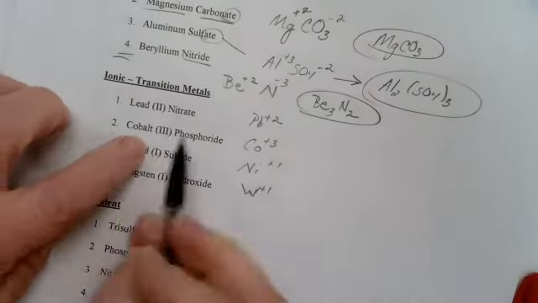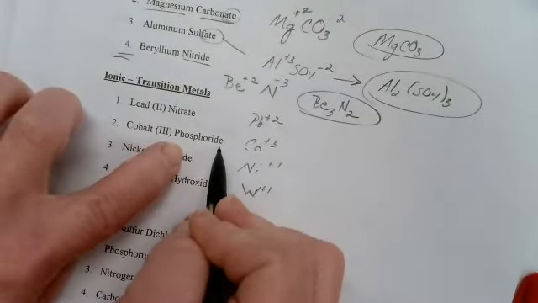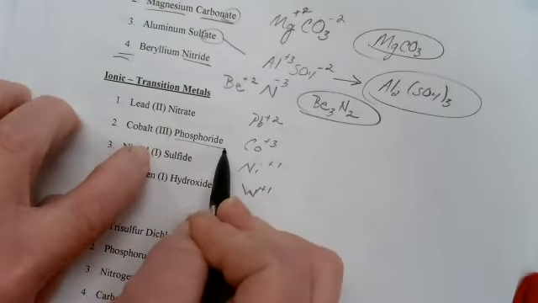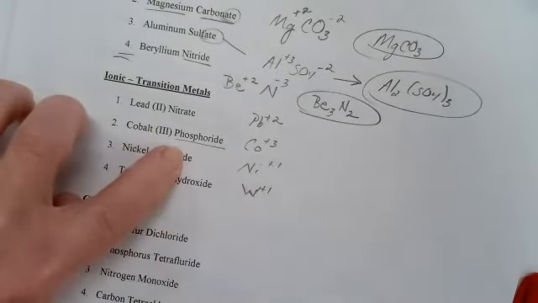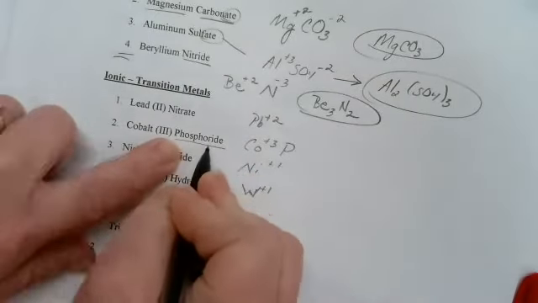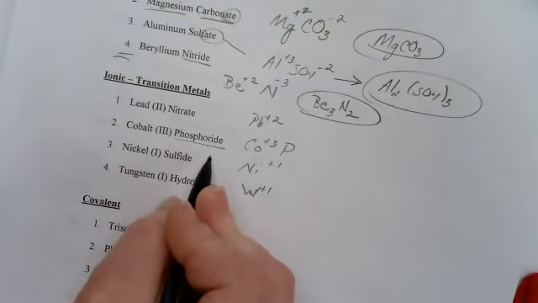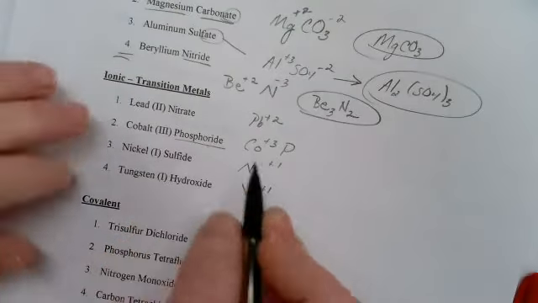Okay, Elena, we'll keep going with number 2. So cobalt is paired with phosphide. So what would that be? Would be Co. Phosphide. That is not a polyatomic ion. We had to learn phosphates. Yes, ma'am.